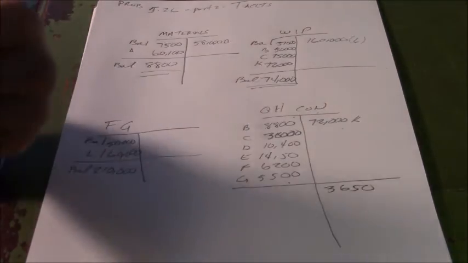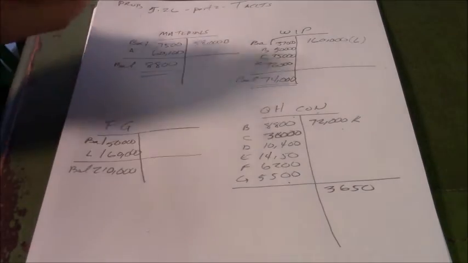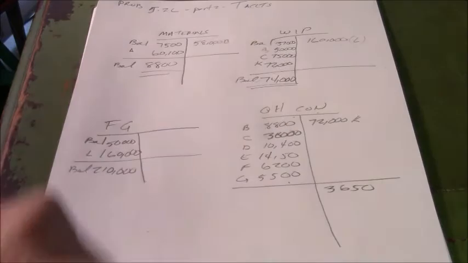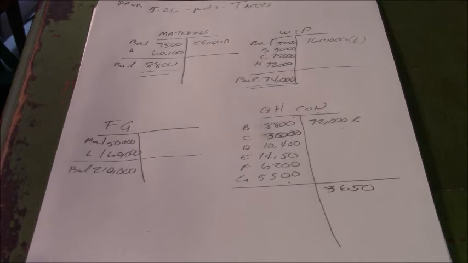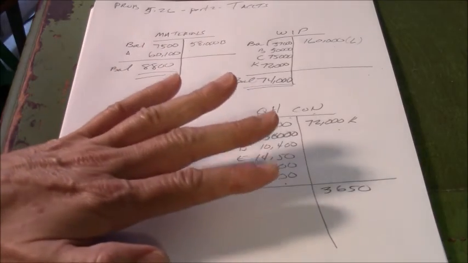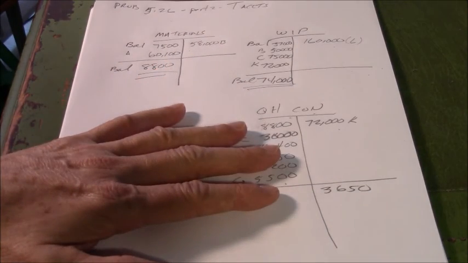In other words, by using our rate, we actually applied a little more than we actually spent. All right, so that's okay. We take care of that at the end of the year with our journal entry to cost of goods sold to take care of any variance in overhead. All right, so I'm going to stop there and we'll go on and do our statement of cost of goods manufactured.